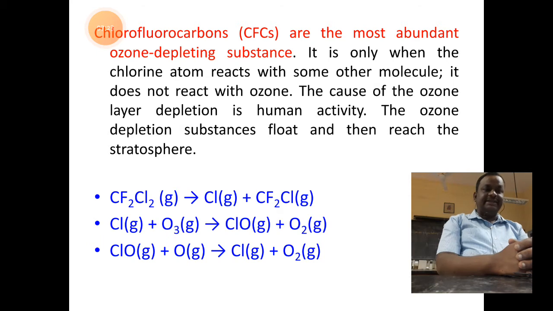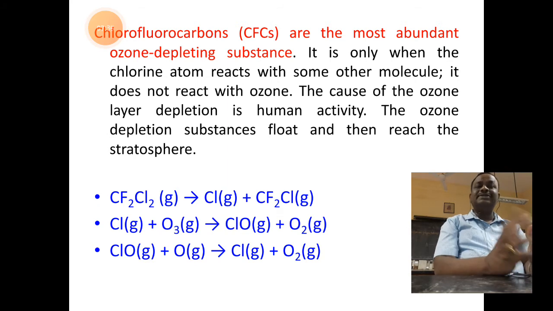Of these two categories of chlorine and bromine, it is CFCs, that is chlorofluorocarbons, that are considered the most abundant ODS, that is ozone-depleting substances. The reaction is as follows. The chlorofluorocarbon such as CF2Cl2, a gas, in the presence of UV rays breaks into chlorine atoms, again in gas form, and it also forms the product CF2Cl.